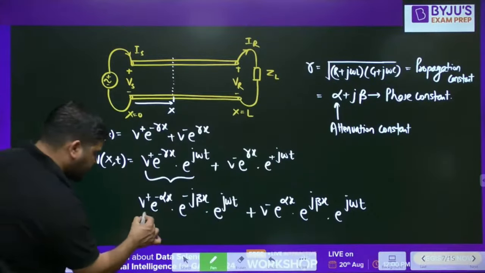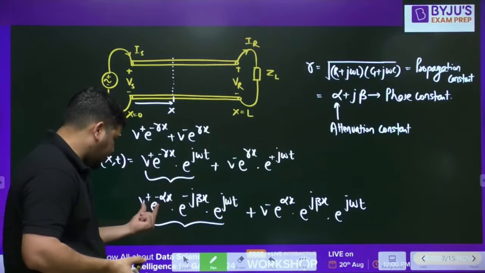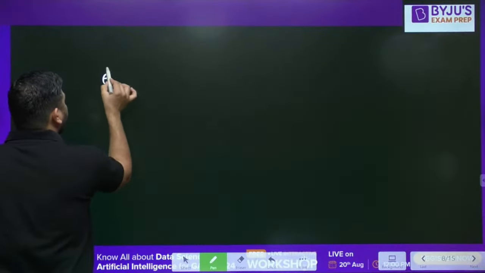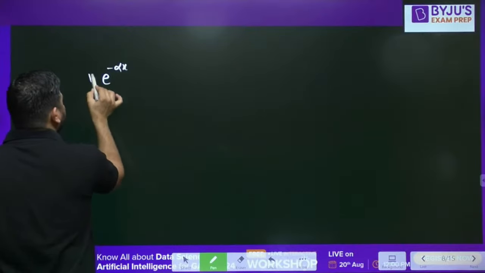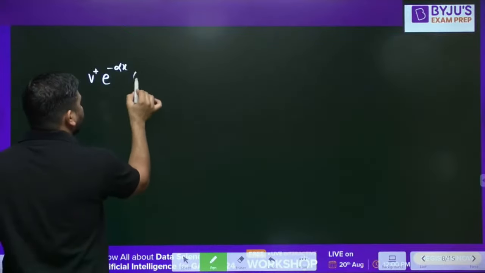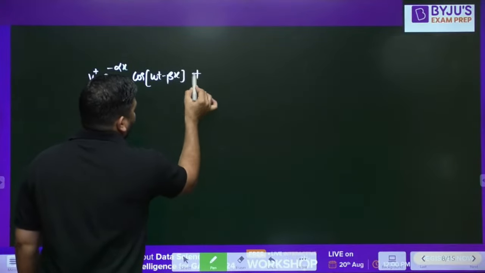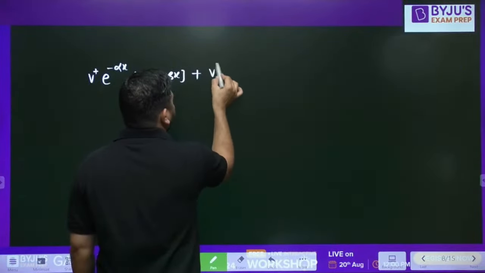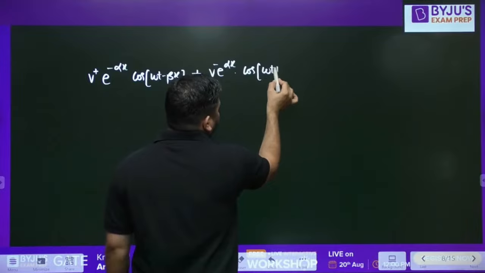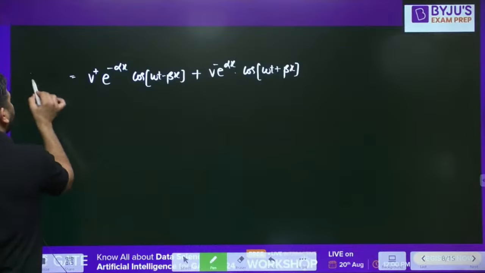Now if you take the real part, this is the coefficient, so it becomes V plus e to the power minus alpha x into cos of omega t minus beta x, and the next is V minus e to the power alpha x into cos of omega t plus beta x. Okay, this is my voltage as a function of time and space.